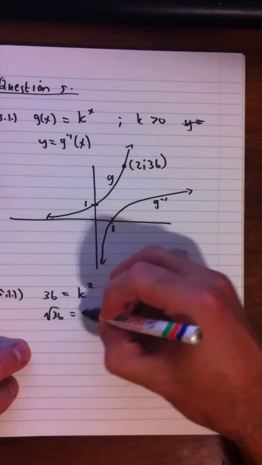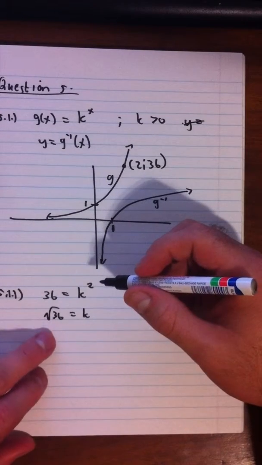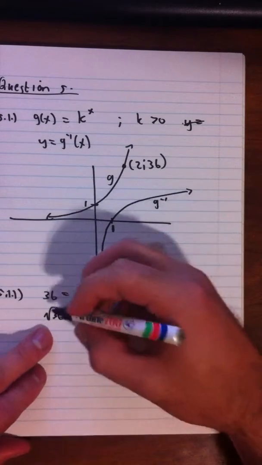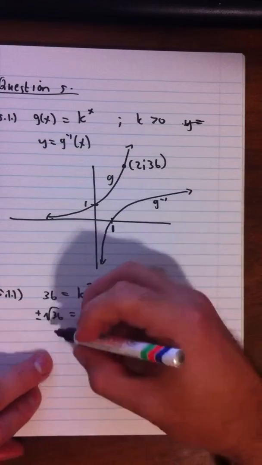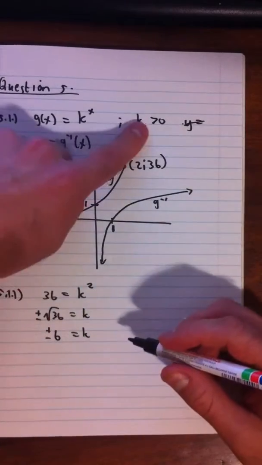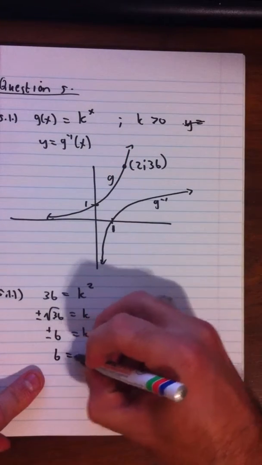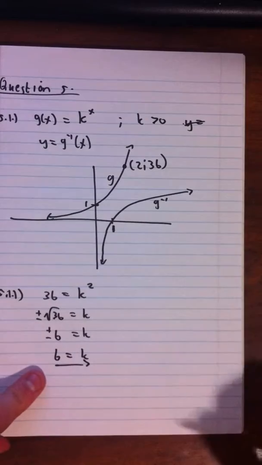Square root of 36 equals k, but a square root can be positive or negative, so it's plus or minus 6 equals k. But k has to be greater than 0, so only the positive 6 is your k value.